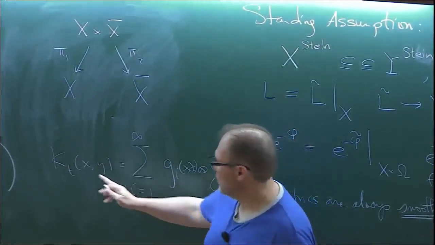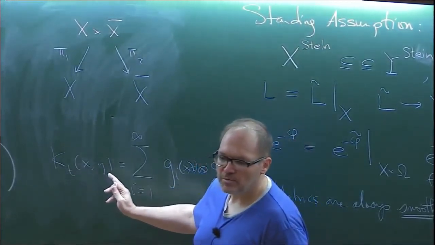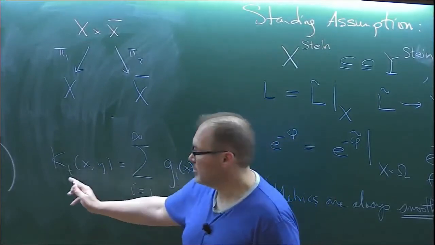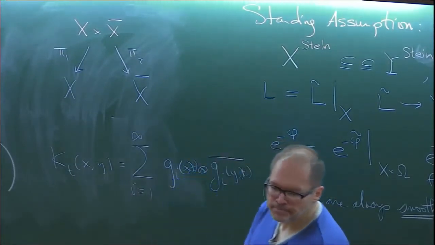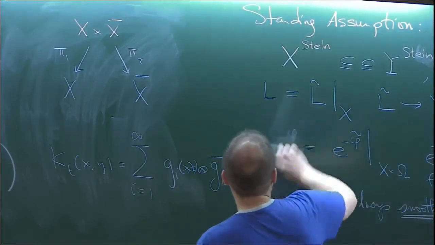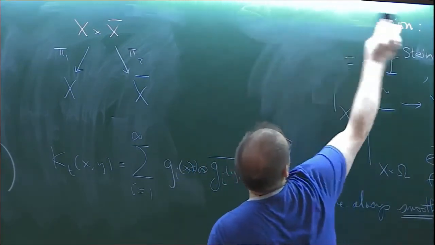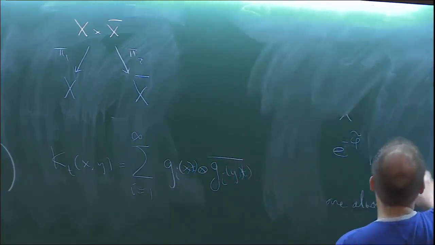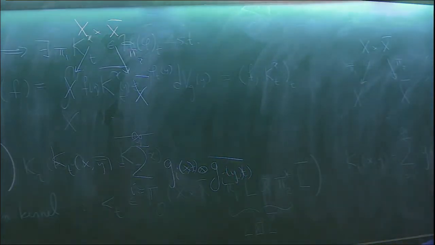So for example, the logarithm of K_t(x,x) will be plurisubharmonic in t. It's a very strong statement, but we'll appreciate it only later. Okay, so this is actually a Bergman kernel you know and love. Some of you love.